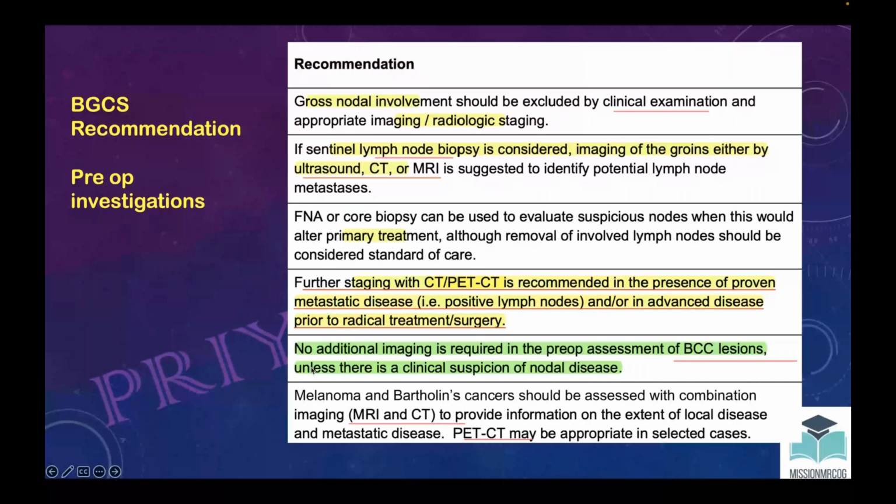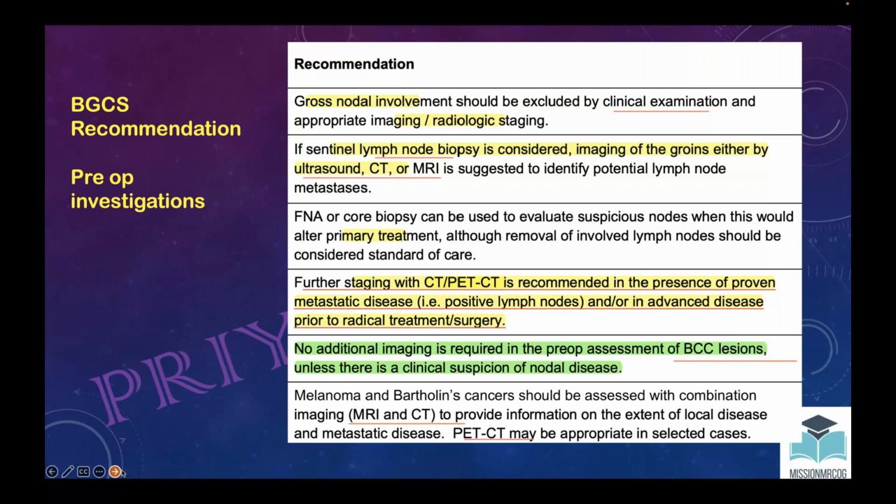Basically, after clinical examination, there would be a biopsy for the confirmation. Before going for the treatment, we need to do the investigations, because we need to find out whether the lymph nodes are involved or not. Okay, so these are the BGCS recommendations for pre-op investigations.